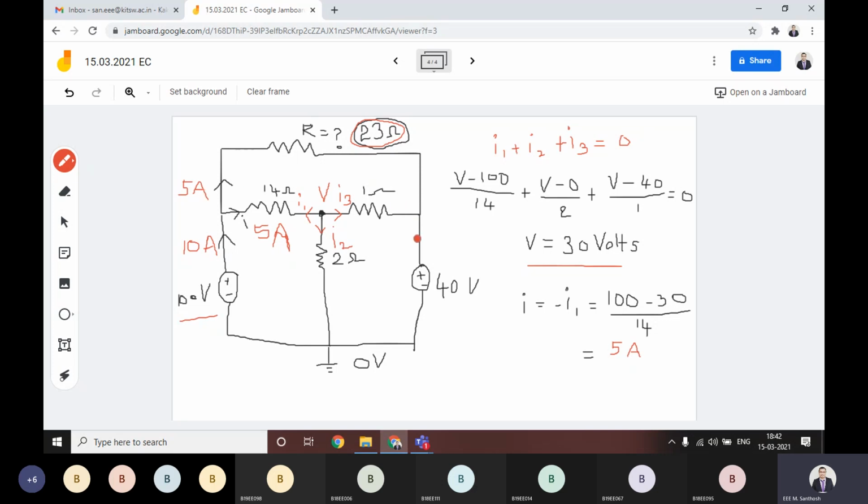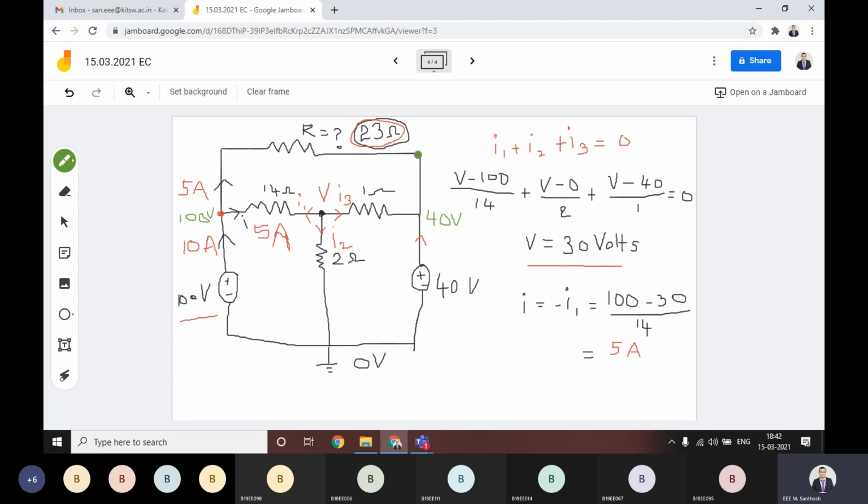Then what about the current flowing here? What is the voltage here? This is equal to 100 only. Same as this voltage source, there is no element in between, so you can take this as 100 volts. And what about the voltage here? This is 40 volts, and directly there is no element, so you can take this as 40 volts.